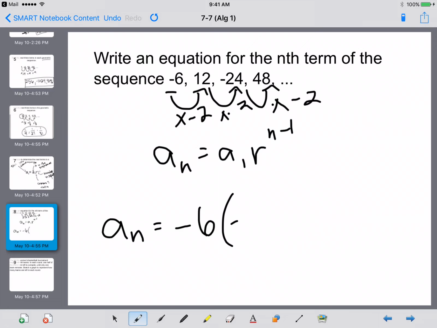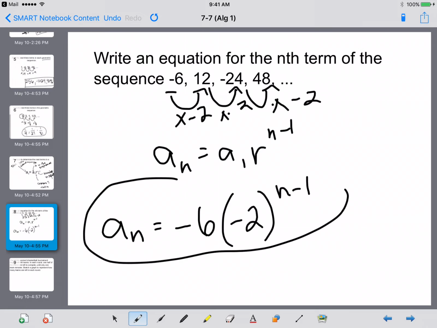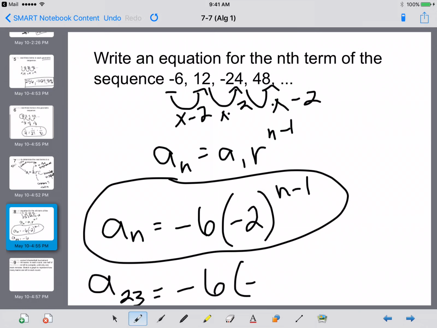So our common ratio is -2, and that is being brought to the power of n minus 1. Beautiful. If it told us it wants the a sub 23, you would type into your calculator -6, times -2, and then 23 minus 1 up here. So you would just replace the n with the number that you're looking for.